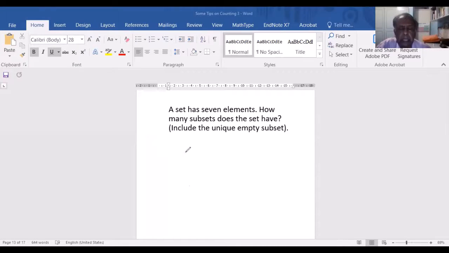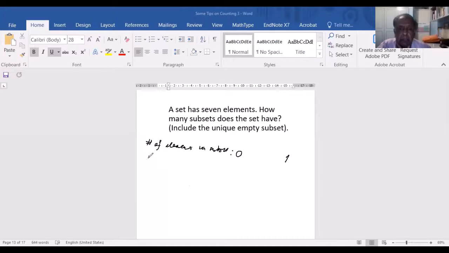So you can say, well, include the unique empty set. So what we do is count it in each case by the number of elements in the subset. Suppose it's 0. So there you have only one empty subset.